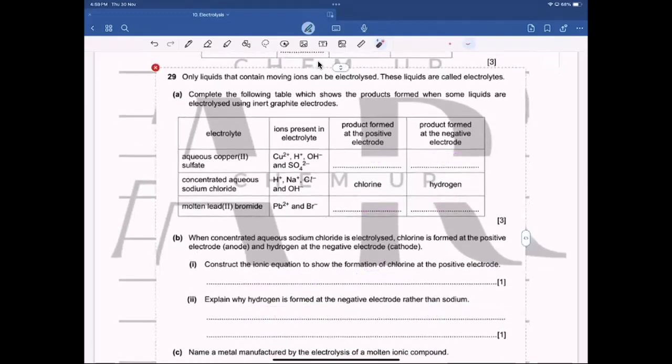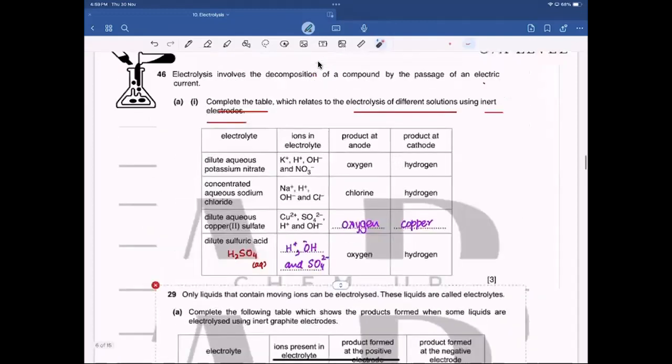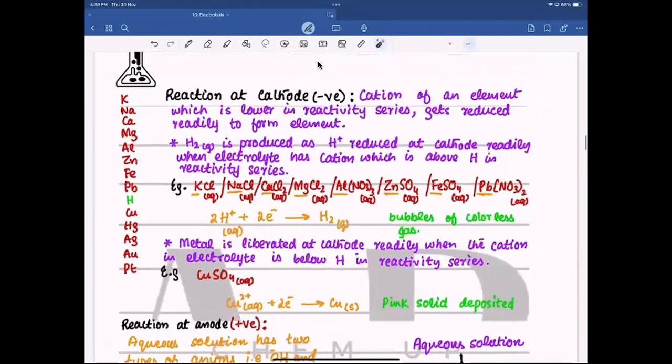Okay, name a metal manufactured by the electrolysis of a molten ionic compound. That is something we are going to discuss in extraction of metals. But the easy thing is, as Aman mentioned, carbon. We didn't mention carbon over here, but the actual position of carbon in this reactivity series is over here.